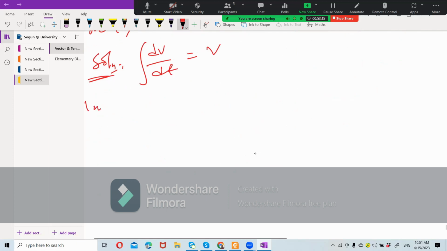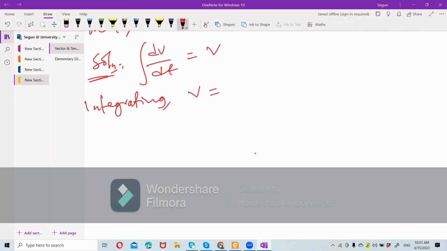So integrating, we have v equals i integral of, what is the i component?